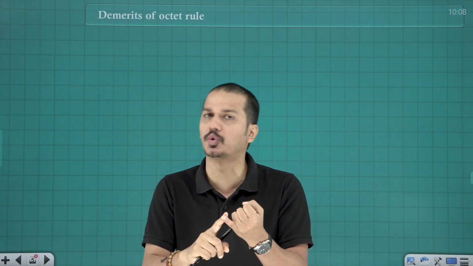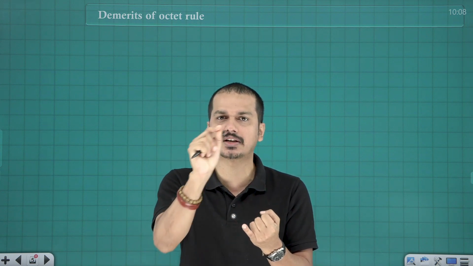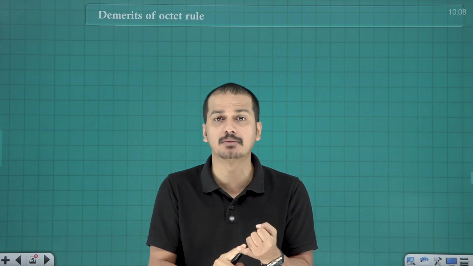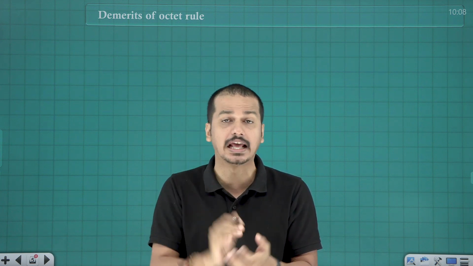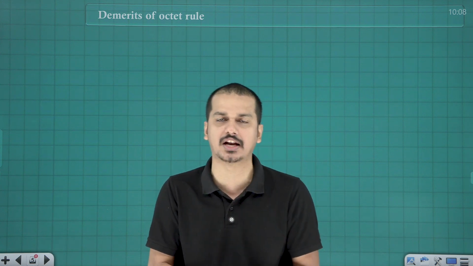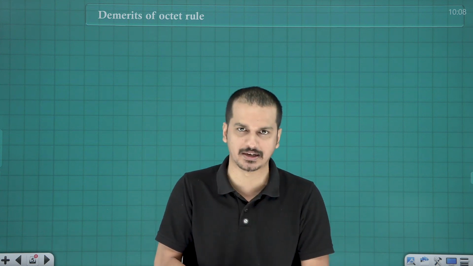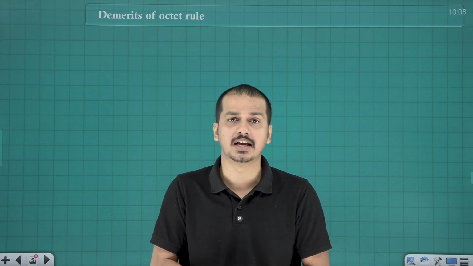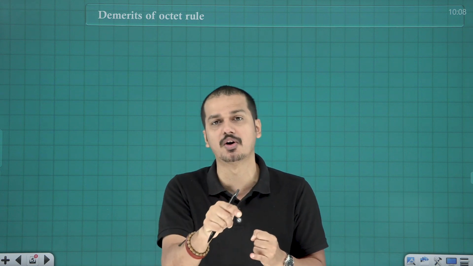The second thing is it couldn't explain odd electron containing molecules like NO, NO2, whose central atom contains an odd number of electrons. Its stability also it couldn't explain. Its main problem is it couldn't explain electron deficient molecules.